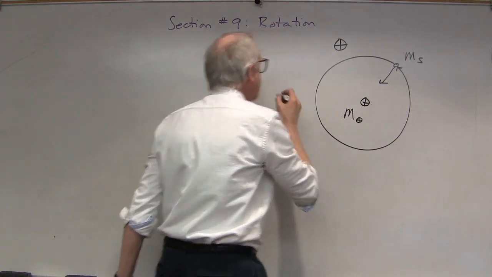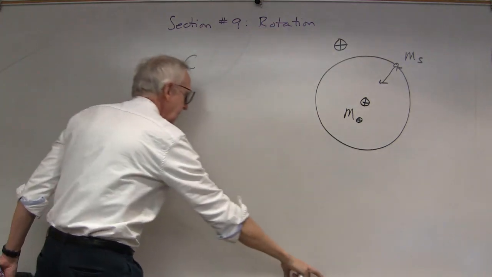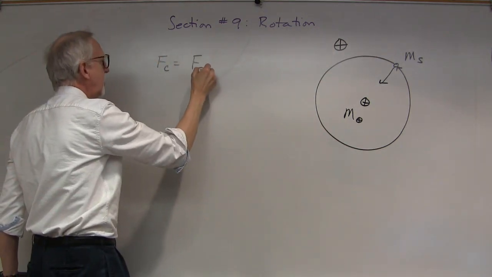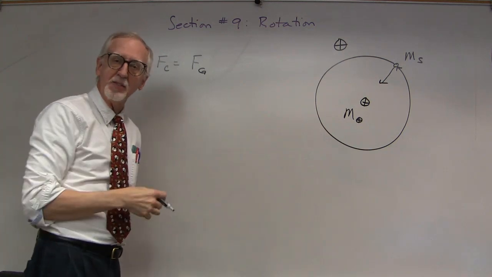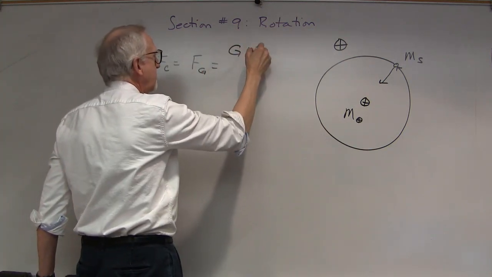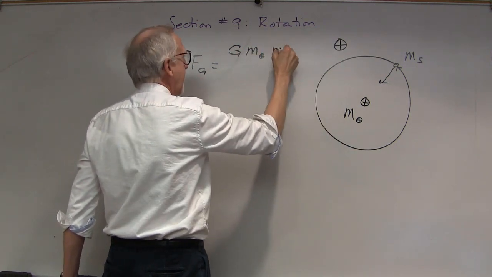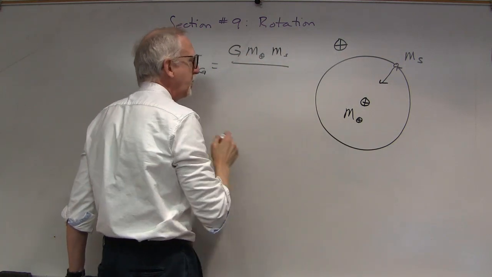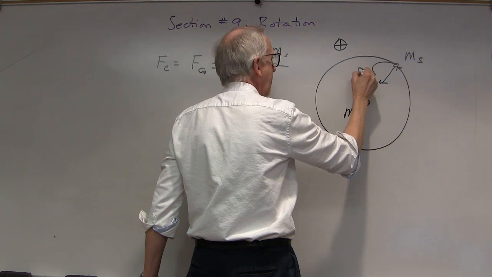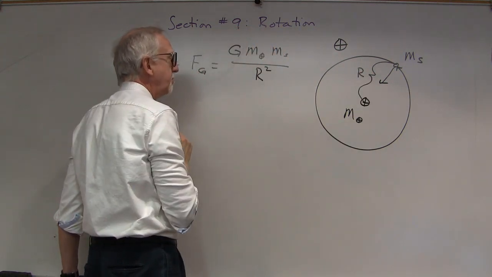The force of attraction, then, the centripetal force, is going to be the gravitational force, the gravitational attraction between the Earth and the satellite. And what is that? Well, it is big G times m1, we'll call that mass Earth, times m2, mass satellite, over the distance between them. Let's imagine that this orbit has a radius of capital R, so over r squared.